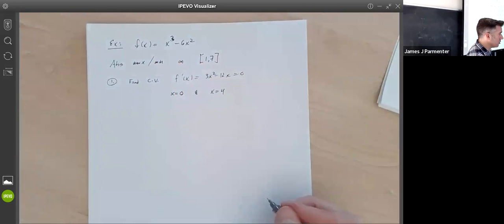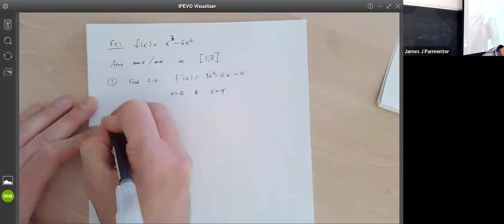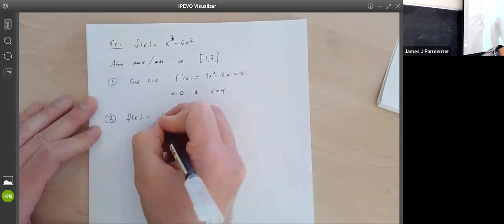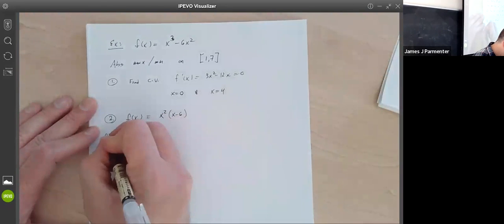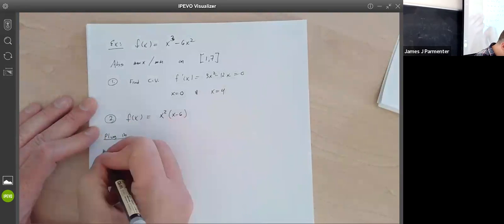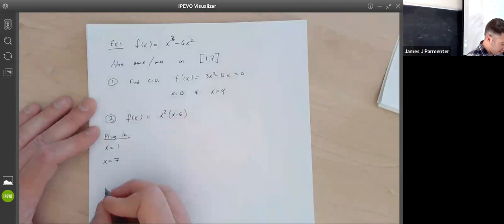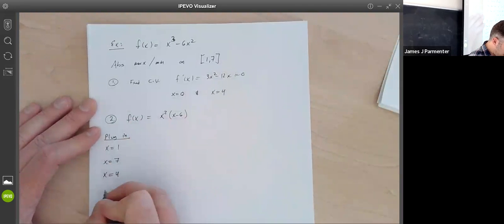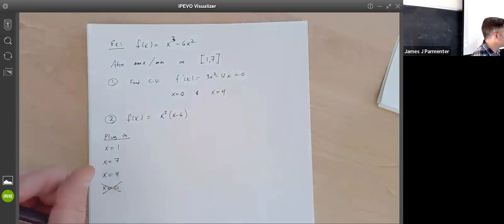And the second thing to do is to take your critical values and your endpoints and plug them back into the original function. So I'm going to simplify the original function a little bit. I'm going to make it x squared times x minus 6. And then I'm going to plug in the endpoints, x equal to 1, x equal to 7, and the critical value x equal to 4, and not x equal to 0, because x equal to 0 isn't in the interval that we're being asked about.